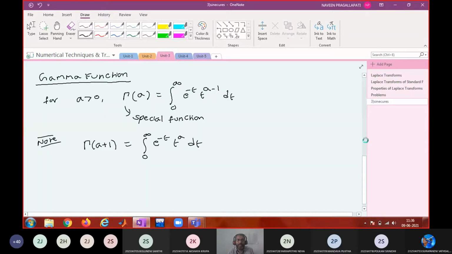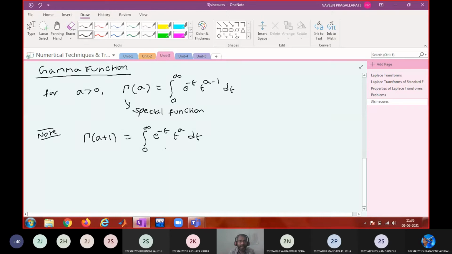Now what we do, we apply integration by parts. I will take t power a as the first function, e power minus t as the second function.